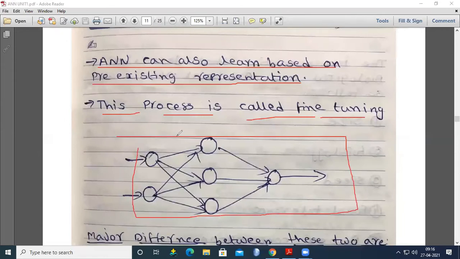So this is the diagrammatic representation. These are the layers: layer 1, layer 2, and this is the output.